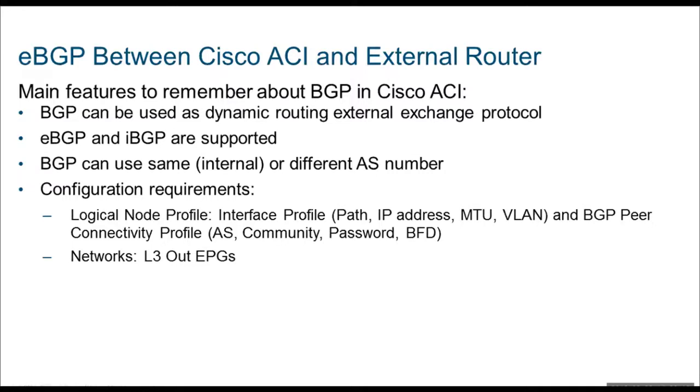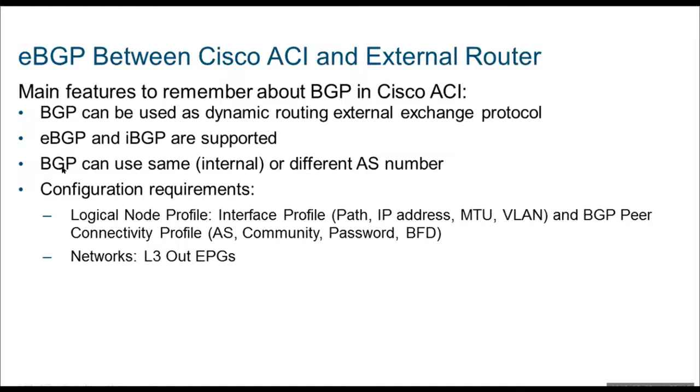Okay, so you might have EBGP already used, and your ACI Fabric is doing IBGP. Well, that just lists out the configuration requirements if you were configuring the BGP peering with your neighbor.